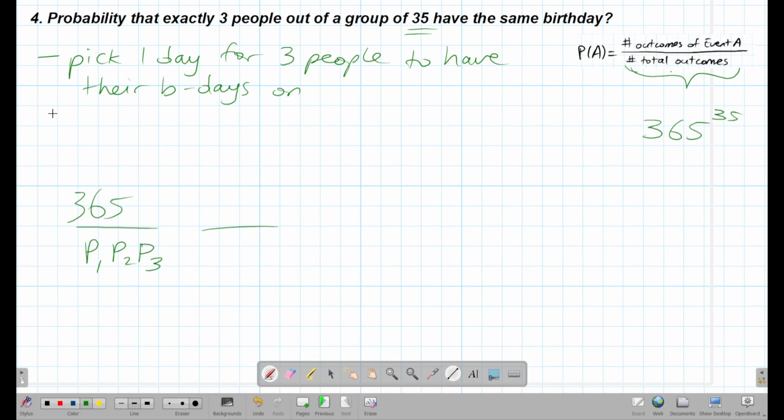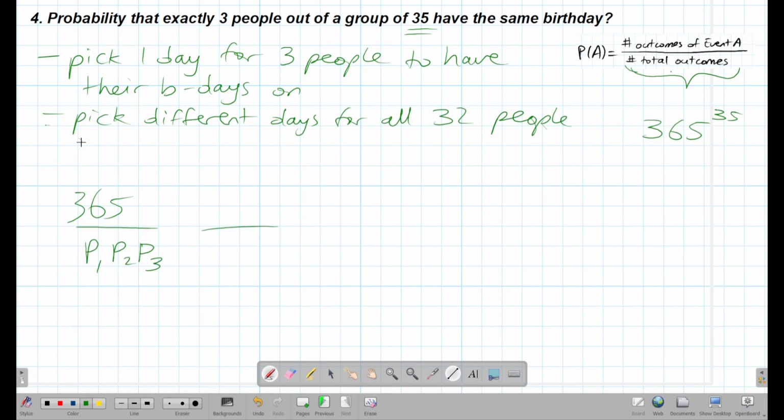Then we need to pick different days for all 32 remaining people, like all the other 32 people.